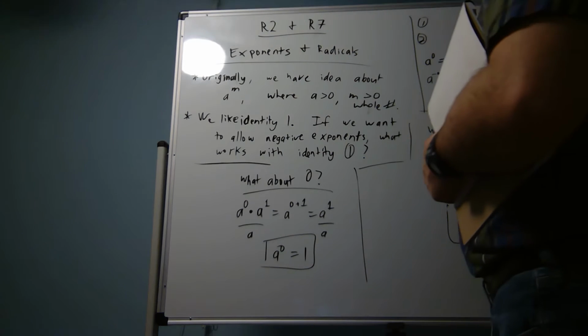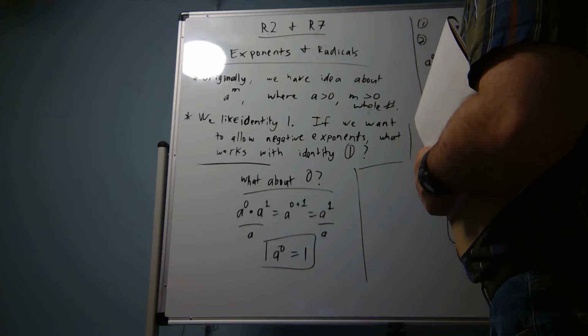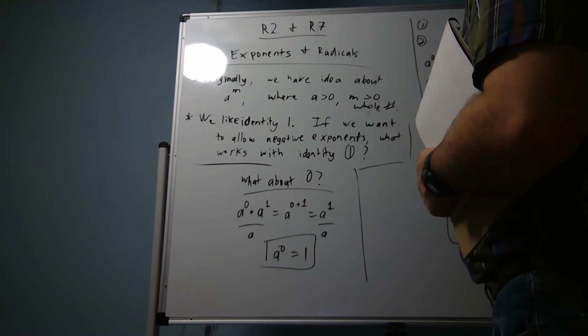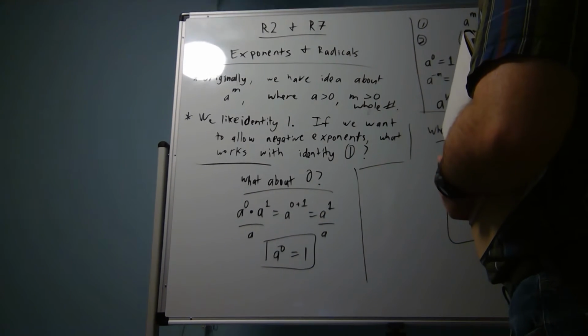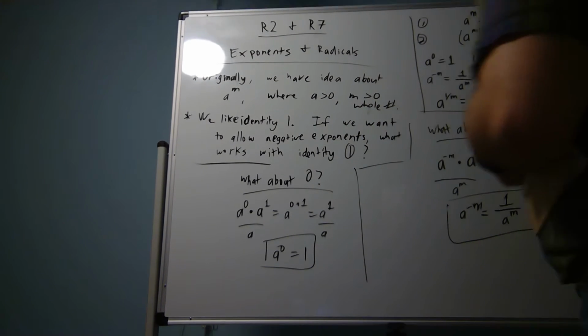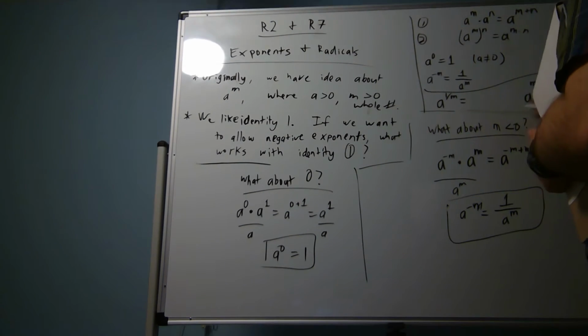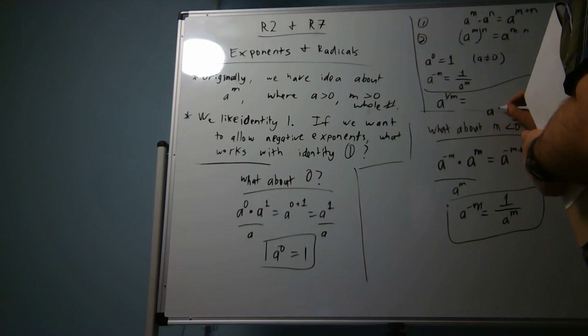And the last thing that I want to remind you about is for these last two, it turns out that things can get really weird if a is allowed to be negative.